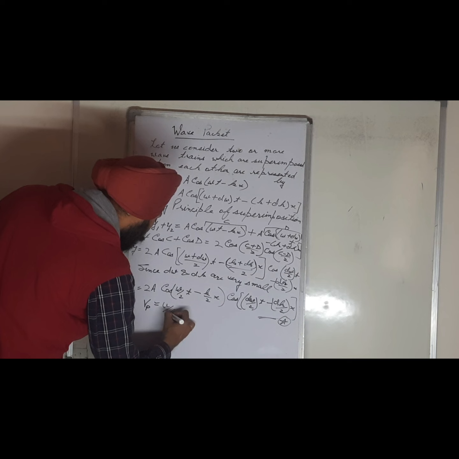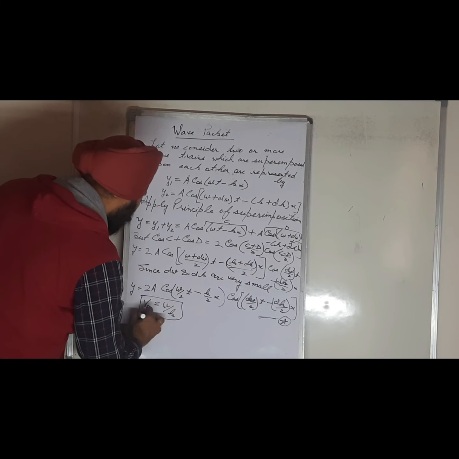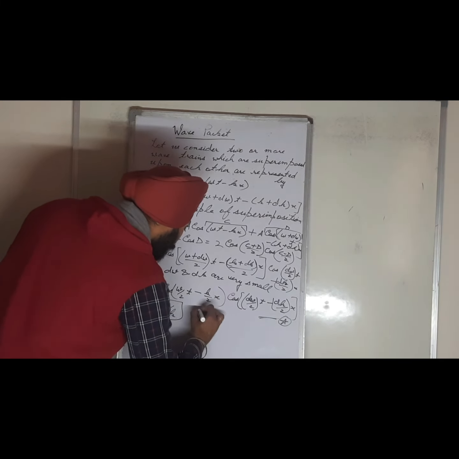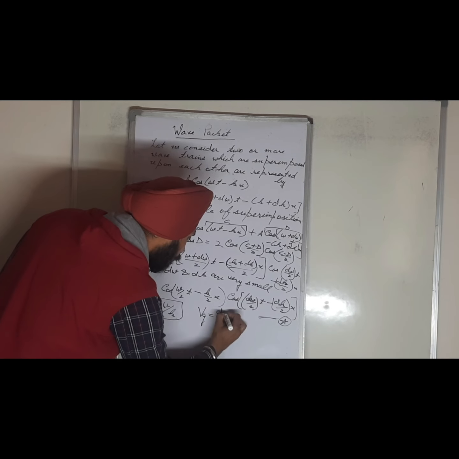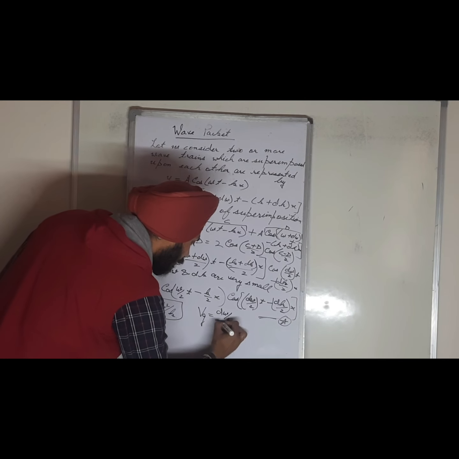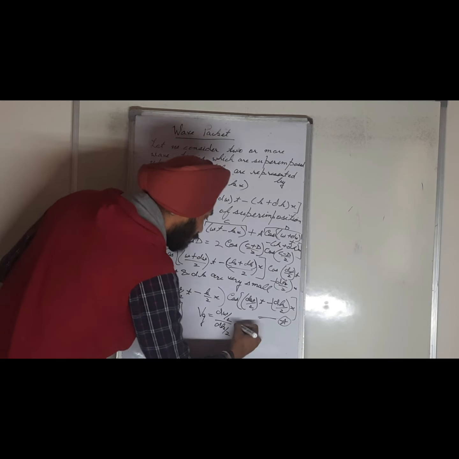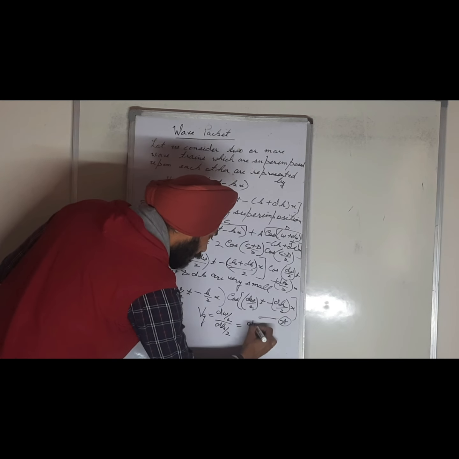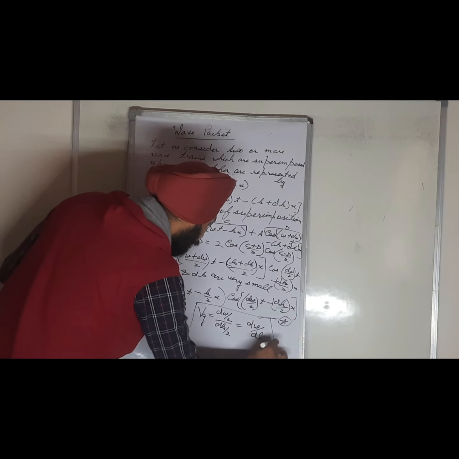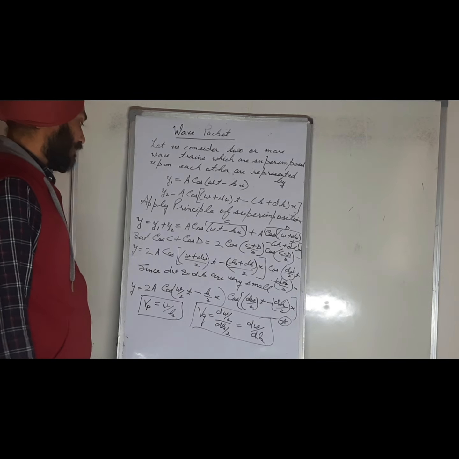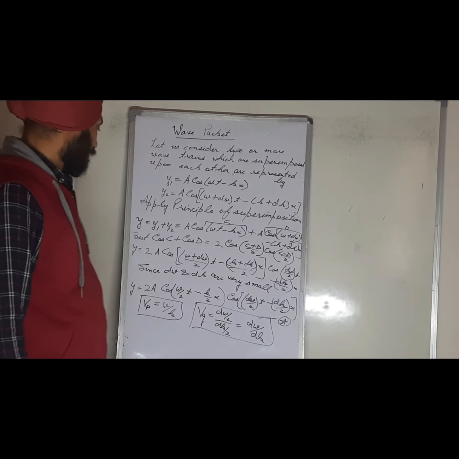This is the phase velocity, right. And group velocity Vg is (d omega by 2) over (dk by 2). I cancel the denominator part and we get d omega by dk. This is the group velocity, Vg is d omega by dk.